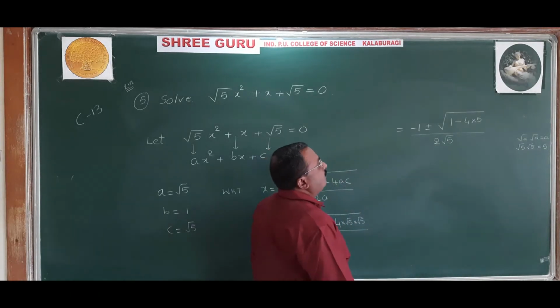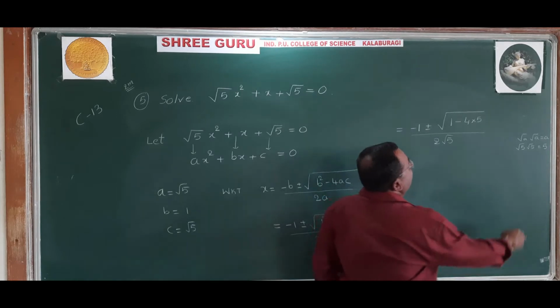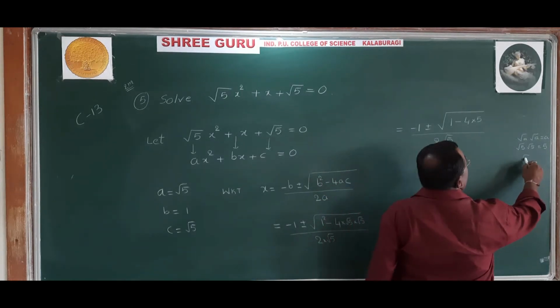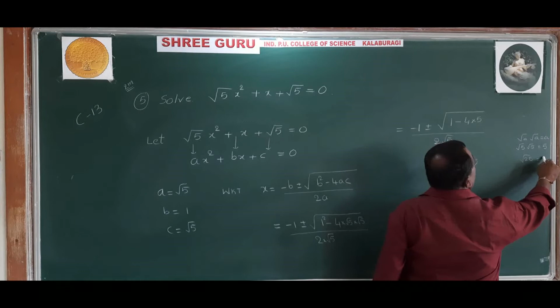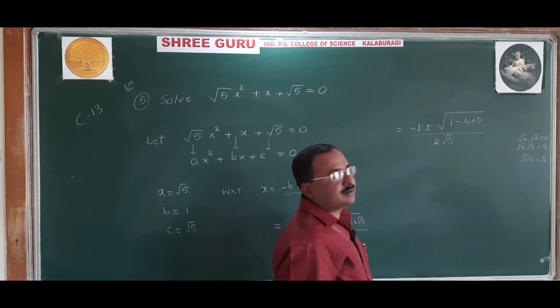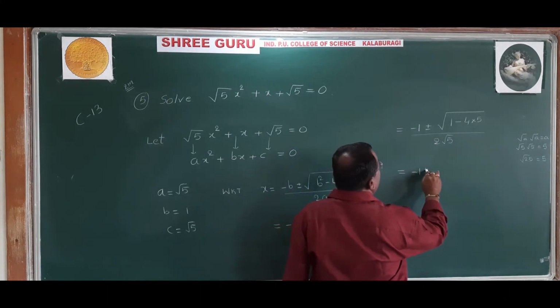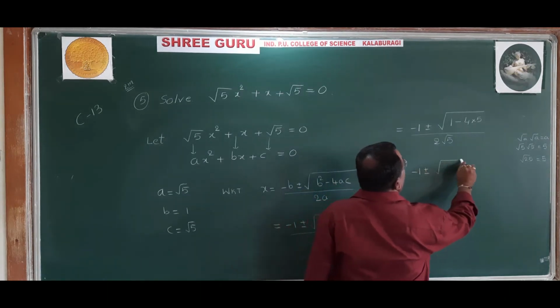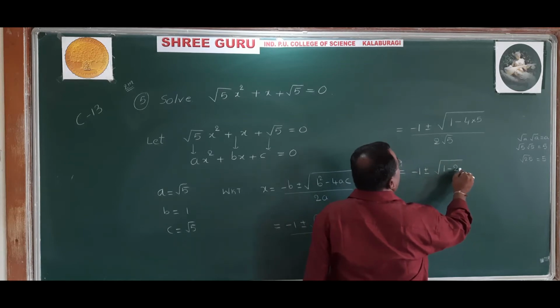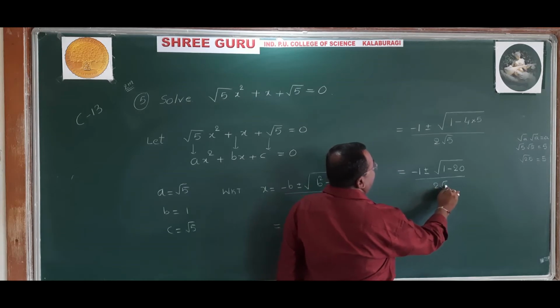That is root 5 times root 5 is root 25, which is equal to 5. Root a root b is root ab. This can be written as minus 1 plus or minus square root of 1 minus 20 divided by 2 root 5.